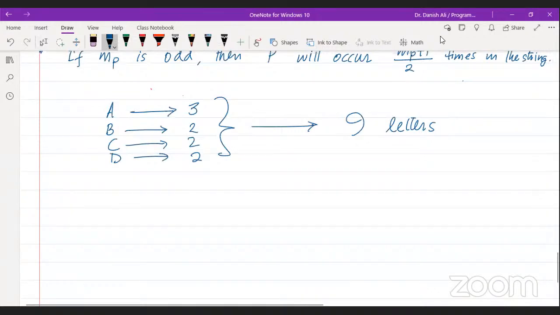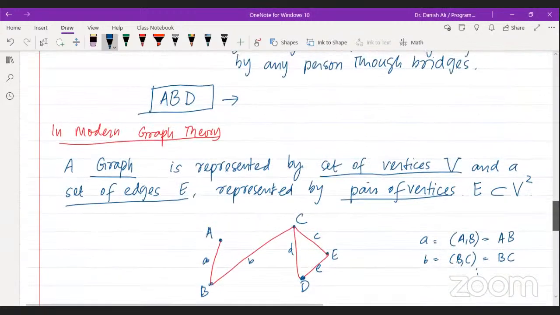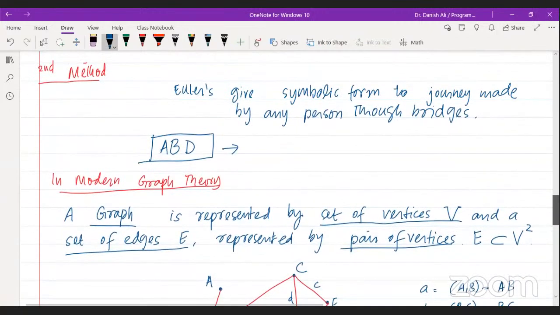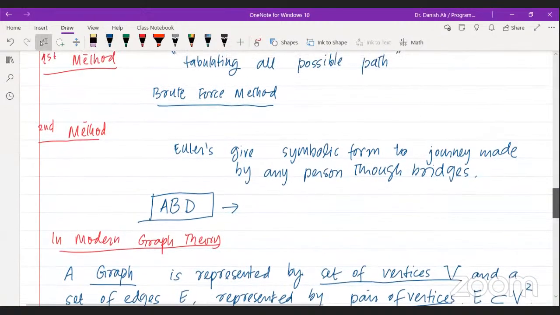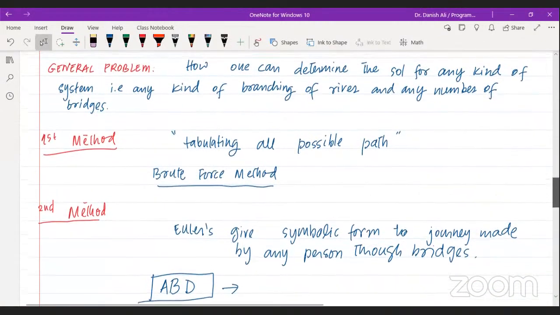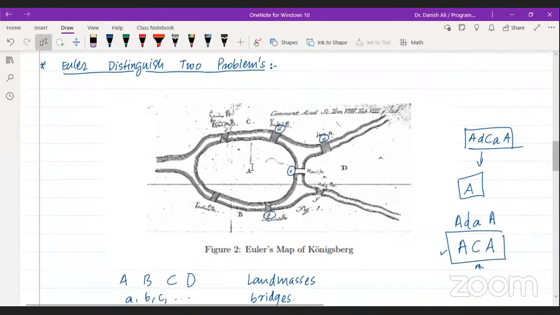Okay, I'll repeat the whole argument again. So the first thing is the notation. We denote the walk or the whole journey by capital letters. For example, somebody moves from A to the area C, and then goes to D, whichever bridge he used.